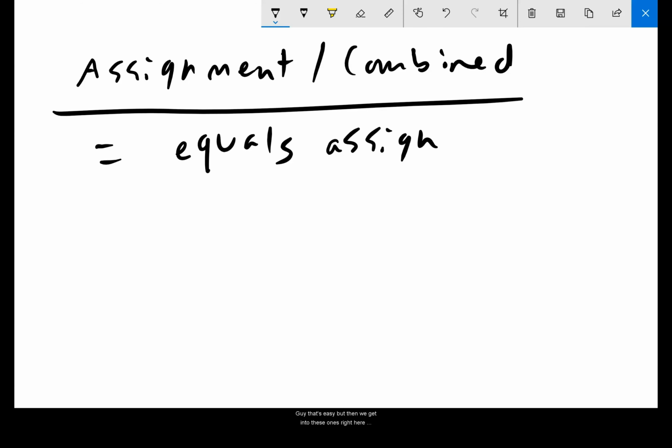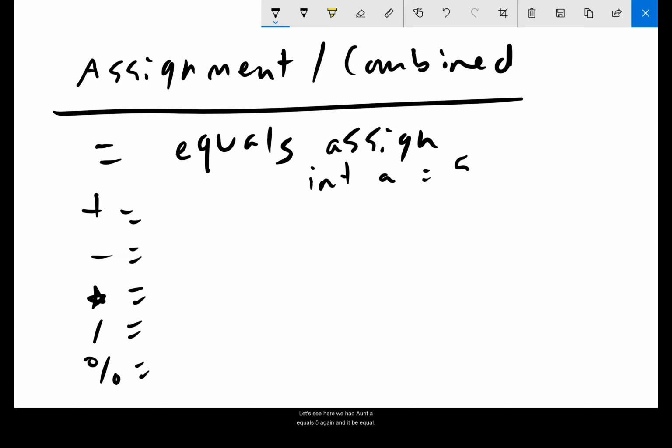Okay, that's easy. But then we get into these ones right here where we're going plus equals, minus equals, multiply equals, divide equals, and modulus equals. So basically, if we had int a equals 5 again, and int b equals 2 again, we could do a plus equals b, okay?